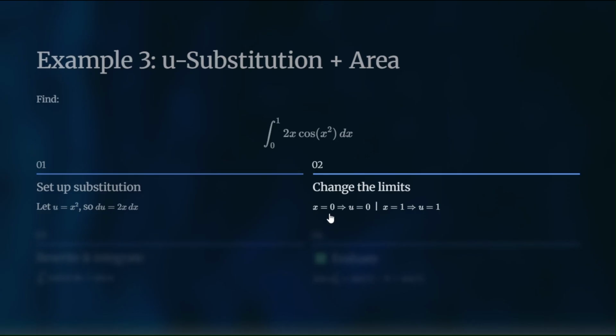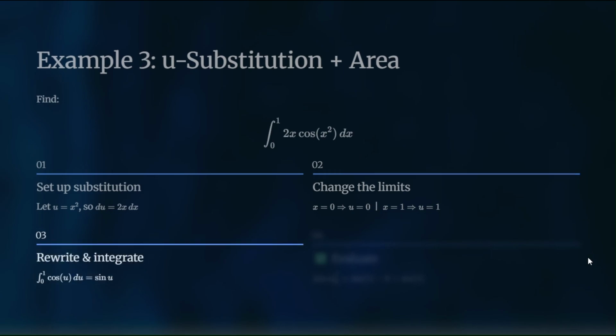Since we're substituting from x to u, we need to substitute our limits from x to u as well. So when x equals 0, since u is x squared, 0 squared will be 0, so u will be 0. When x equals 1, 1 squared is 1, therefore u will be equal to 1 as well. Now we can substitute. If we rewrite our integral, that will be the integral from 0 to 1 of cosine u, because remember x squared is u and 2x dx is du.